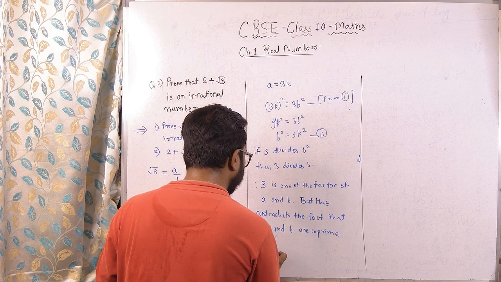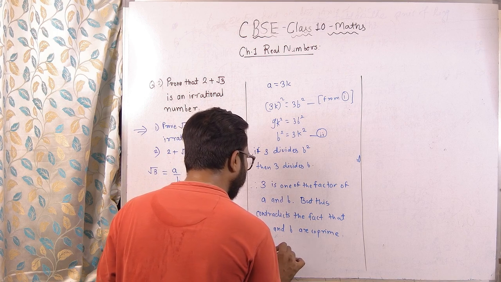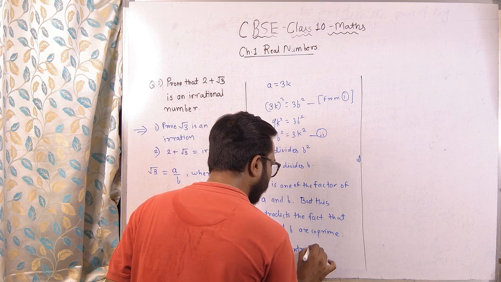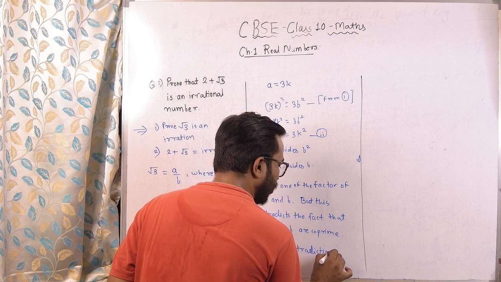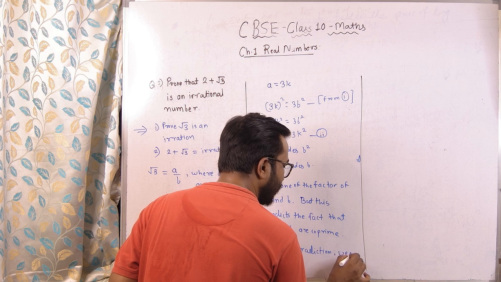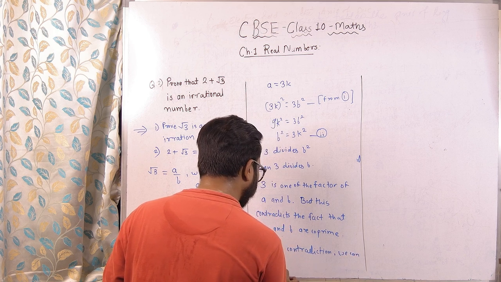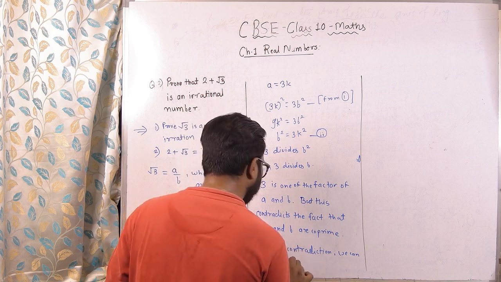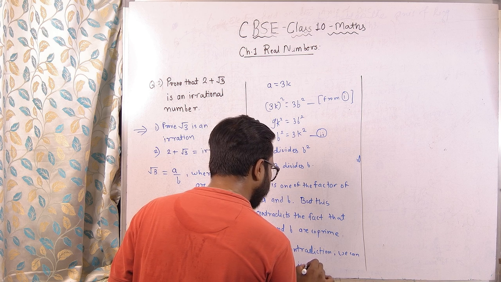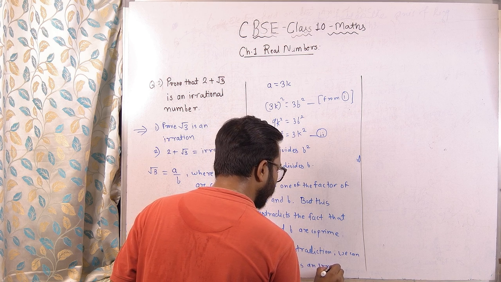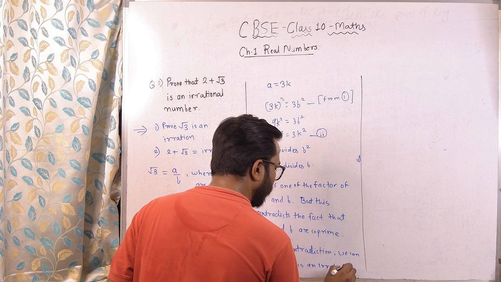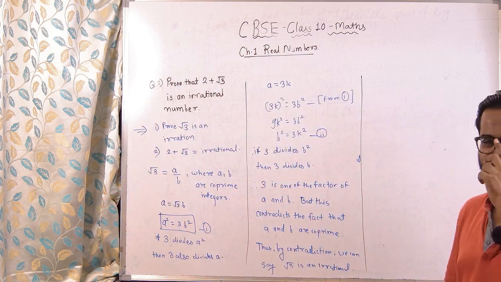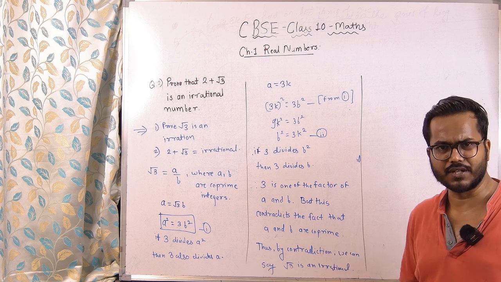Thus, by contradiction, we can say that root 3 is an irrational number. So we have easily proved that root 3 is an irrational number. Again, it was a quick revision for you.